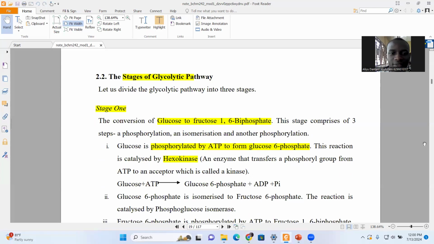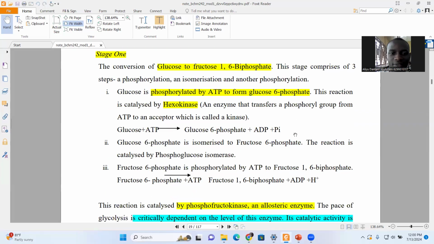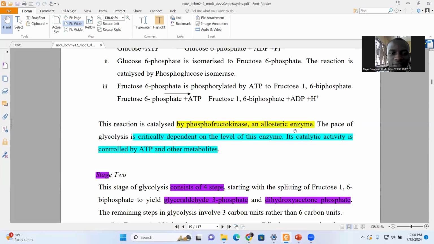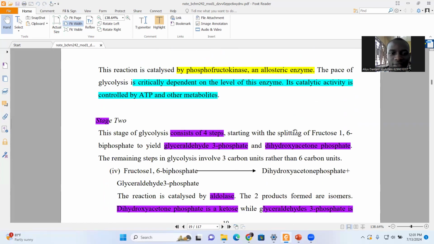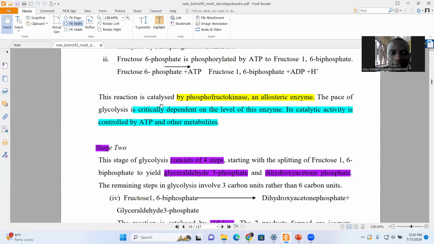All right. So the stages of the glycolytic pathway. So you have the first stage, which I think I've already mentioned. I don't need to go into this again. Okay, so this point is very important. This point here. Okay, the reaction catalyzed by phosphofructokinase, an allosteric enzyme.